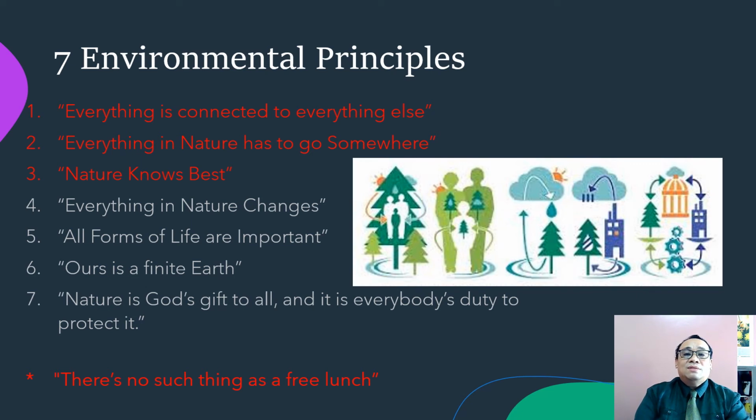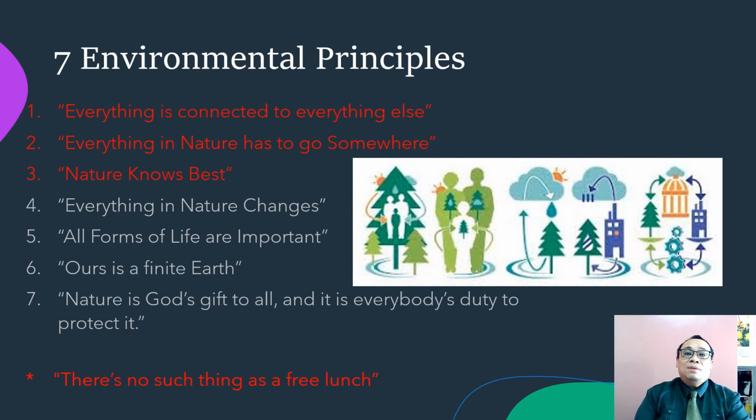In this principle, it clearly suggests that every living thing on earth was put here for a purpose, and we have no right to eliminate this organism, or even a non-living object, if it does not serve any useful purpose for us.